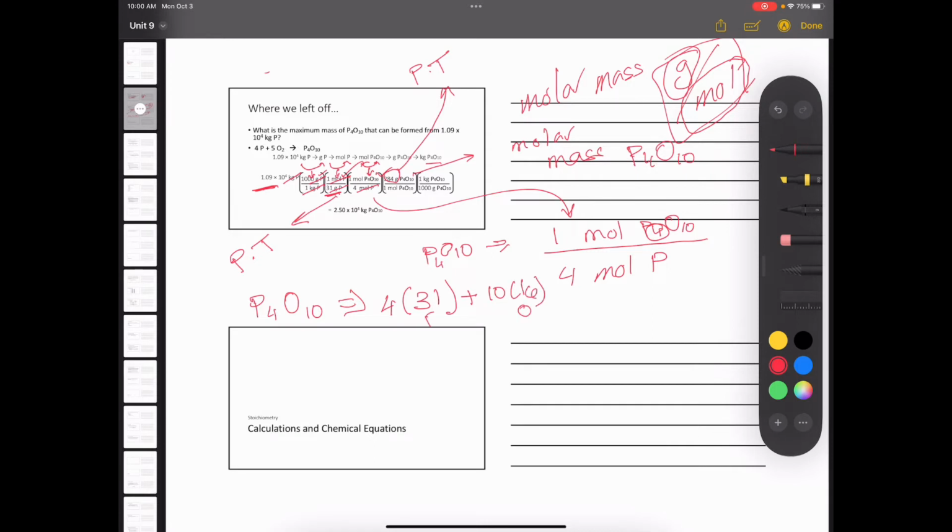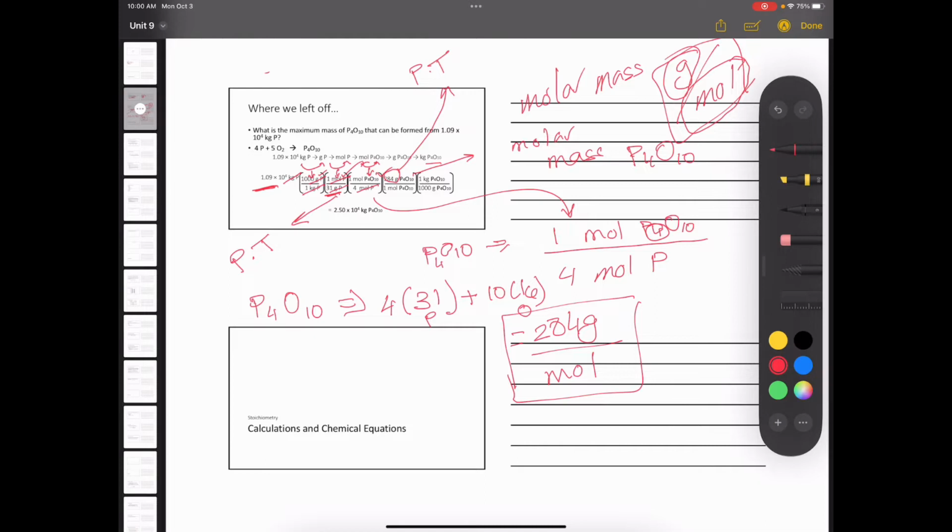Now you add all these together, you will have 284 grams per mole. Or if you would like to write it, you can write it this way, g/mol. So you can use this figure as a conversion between grams of phosphorus oxide into moles, or moles of phosphorus oxide into grams of phosphorus oxide.